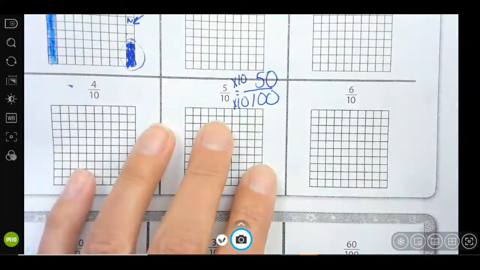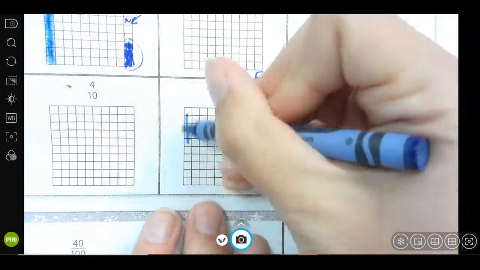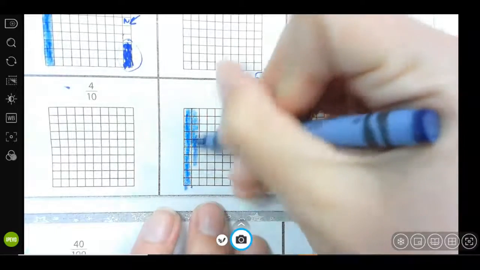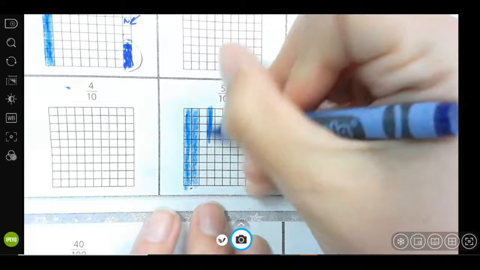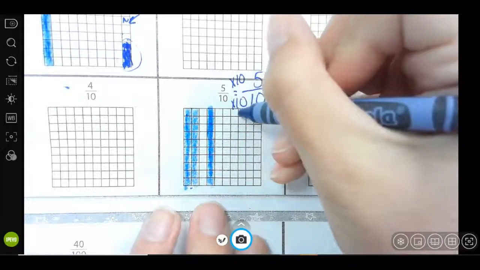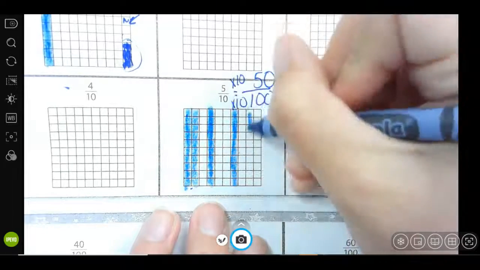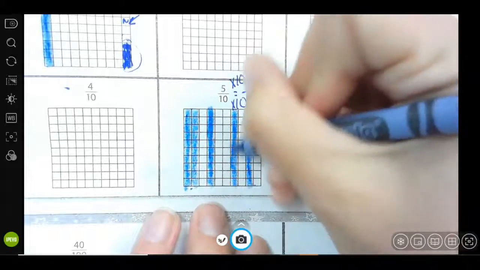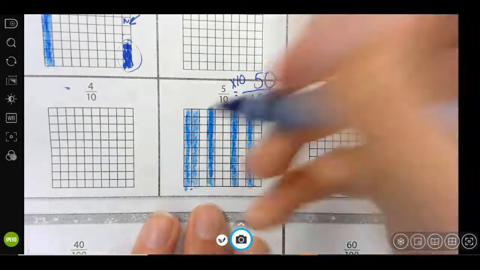So how many of these little blocks do we color in? 5 tens or 50 hundredths. So you can color them however you want, as long as it's the correct amount, okay?